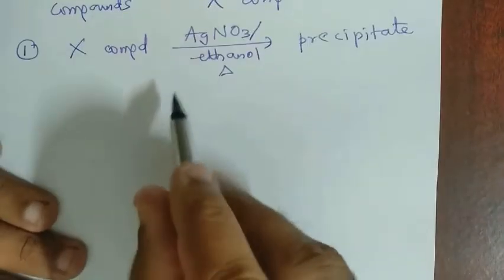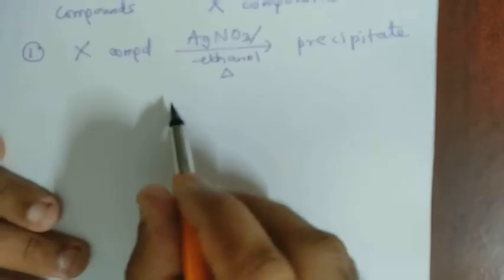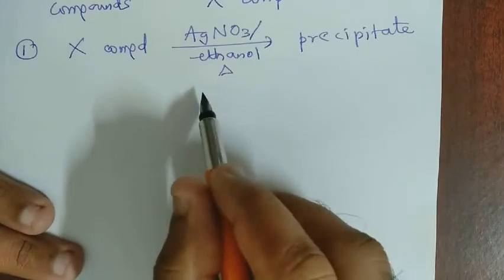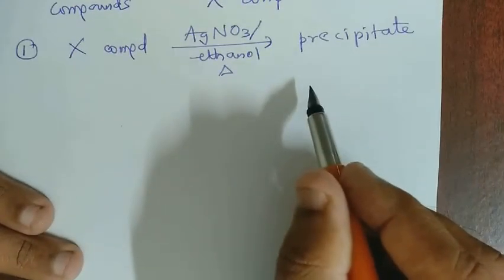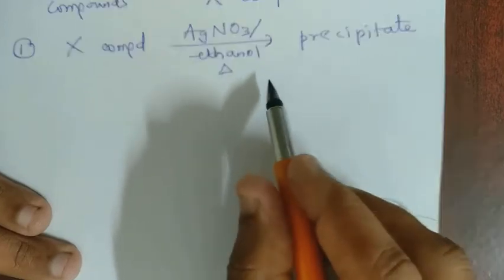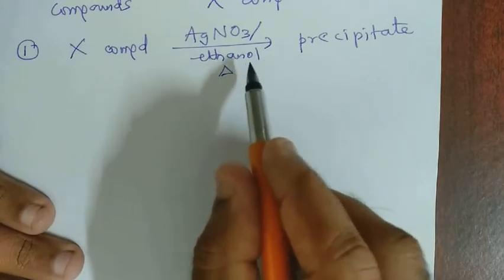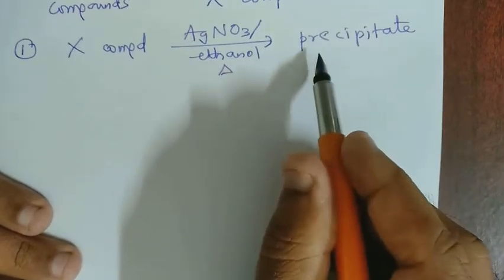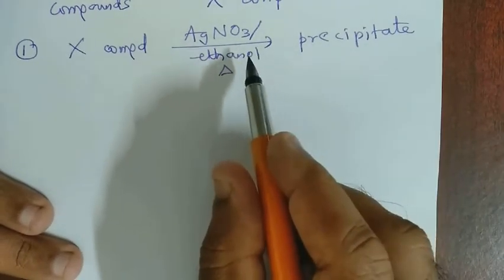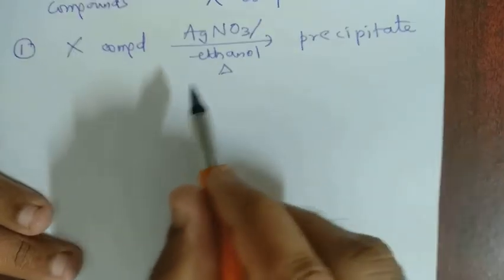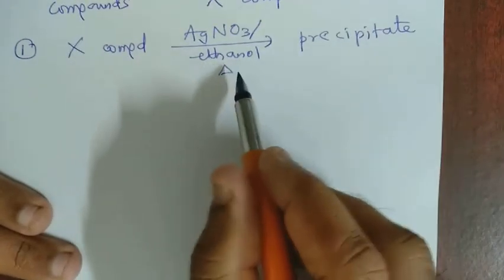From the color of the precipitate, the halogen atom can be identified. If the color of the precipitate is white, the halogen is chlorine. A pale yellow precipitate indicates the presence of bromine. A yellow precipitate indicates the presence of iodine.